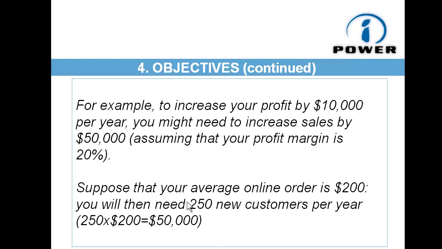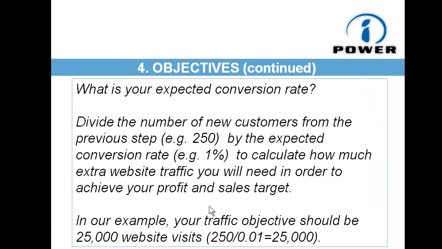But the question is, how do you get those 250 new customers? So that's the next question. And you might want to start with your expected conversion rate. In other words, the percentage of people who come to your website who take the desired action and make a purchase.